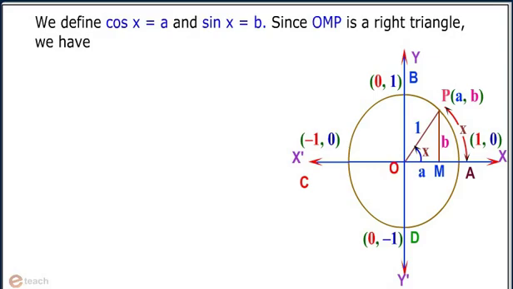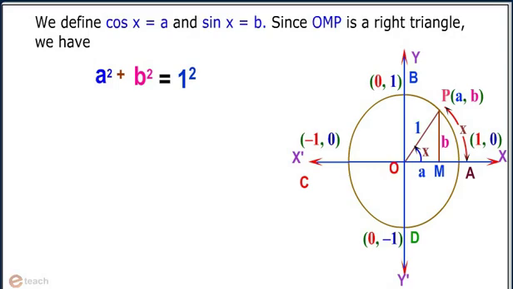Since OMP is a right triangle, we have OM square plus MP square equals OP square. We get this by Pythagoras theorem. Now replacing OM by a, MP by b and OP by 1, since OP equals 1, we get a square plus b square equals 1 square.